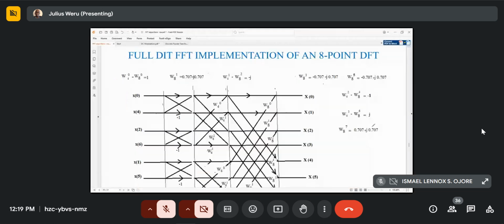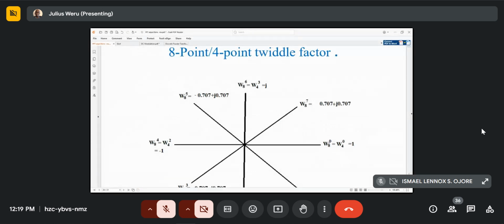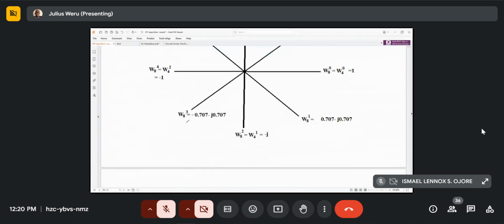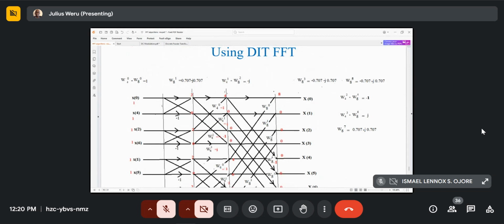They are the same if you come to this page here. W4 to the power of 0 is the same as W8 to the power of 0.